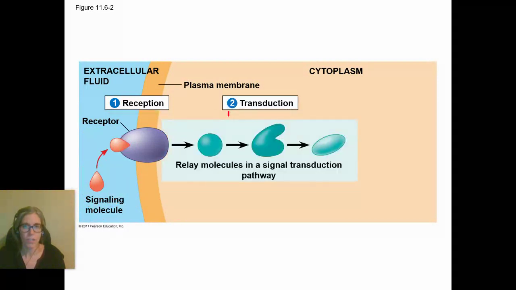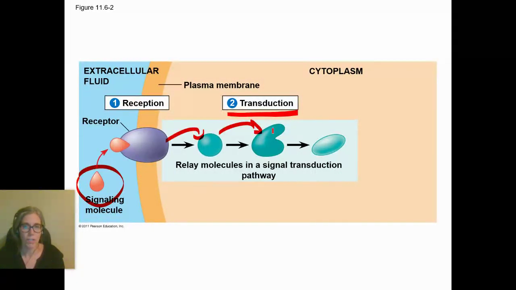And then we have signal transduction. Transduction means that the signal is changed. So it's changed from this molecule to a series of chemical reactions that happen. So the first thing that happens when the ligand binds to the receptor is that the receptor typically will change shape inside.